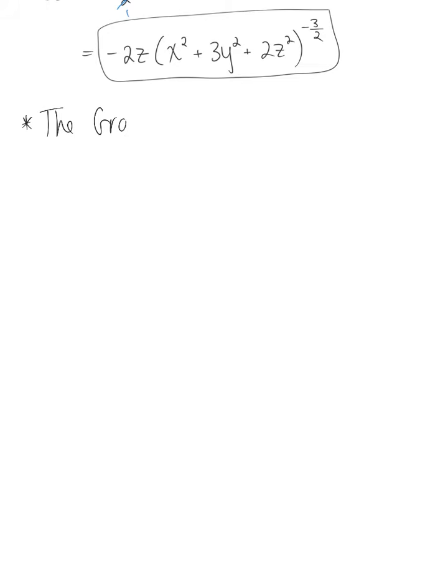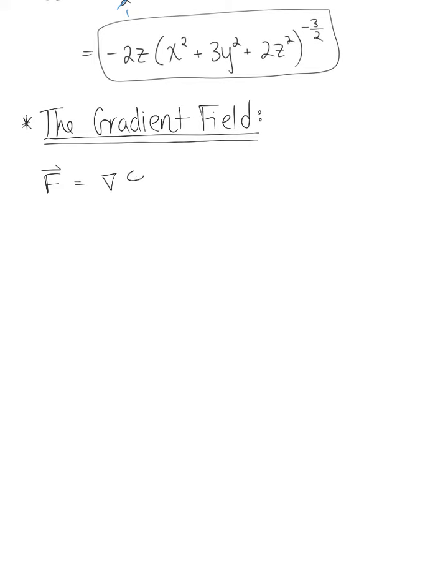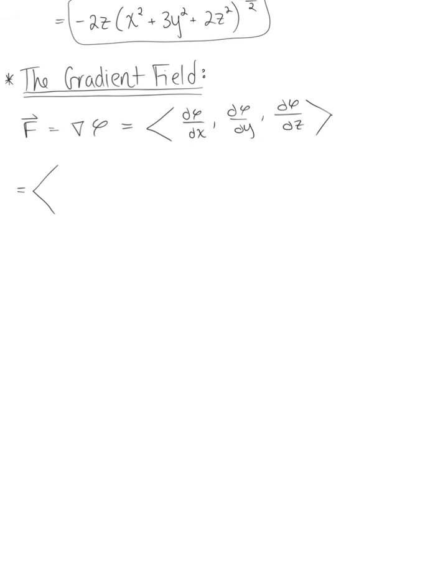So the gradient field, and that's vector capital F defined by the gradient of phi. So we have our components d phi dx, d phi dy, and d phi dz. So this is going to leave us with, let's give ourselves plenty of room.